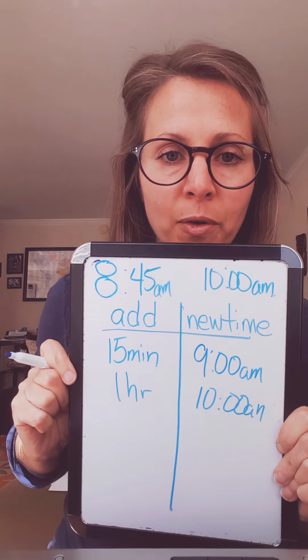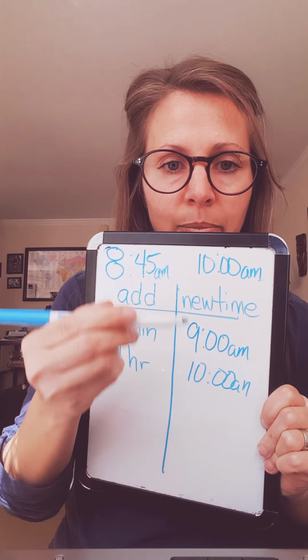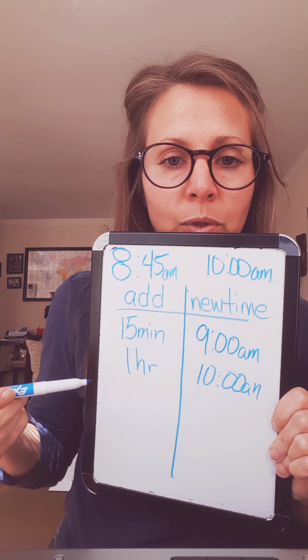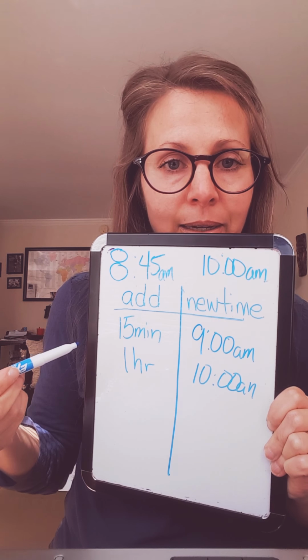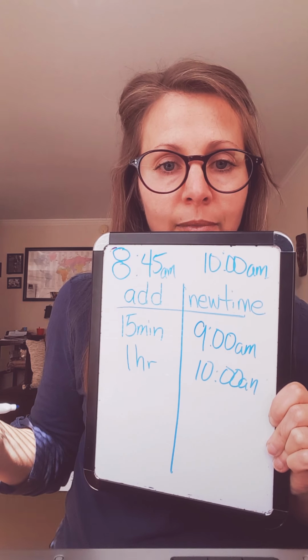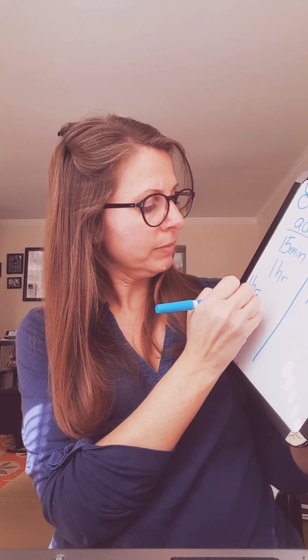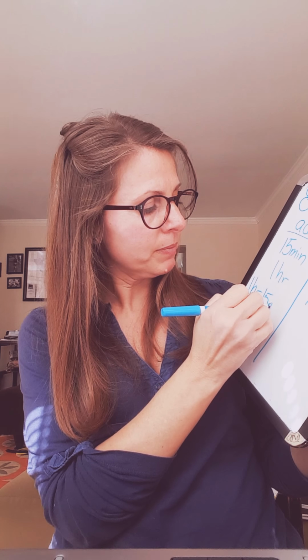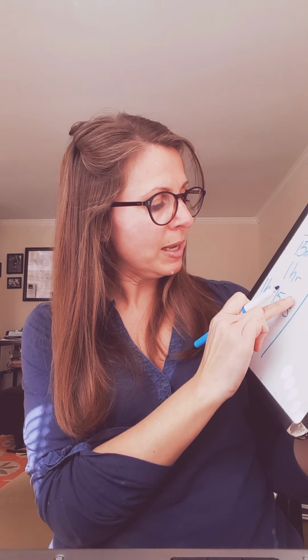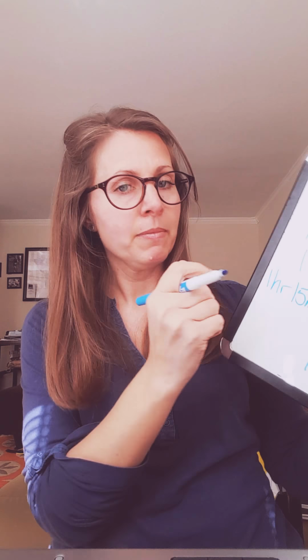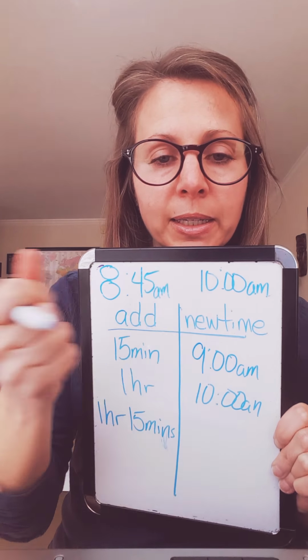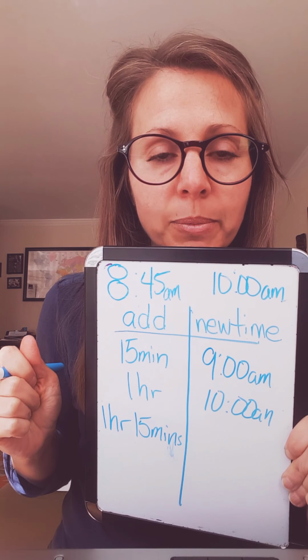And just like that, we're already done. We hit the 10 o'clock end time. So all we have to do is go back and add the time that we put on, and we get 1 hour and 15 minutes. So the elapsed time between 8:45 and 10 a.m. is 1 hour and 15 minutes.